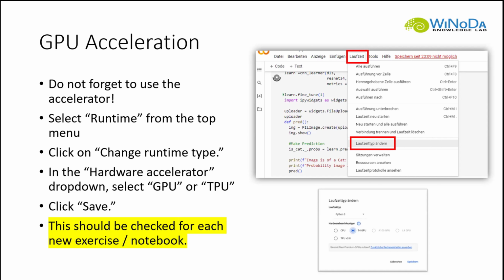And the second downside is that if you don't pay for it, as you also could, then sometimes these GPUs are rather slow. However, they're free, so usually not a big problem. If you use GPU settings and run deep learning code, it's significantly faster than CPU code. So make sure that on every new exercise or every new notebook you create, this is still set to GPU.